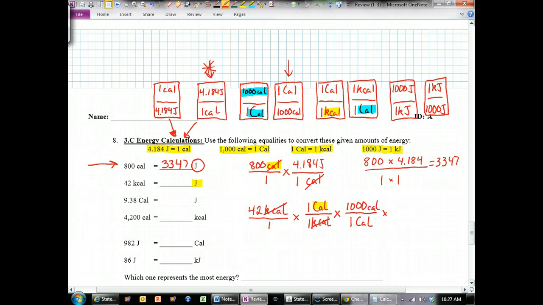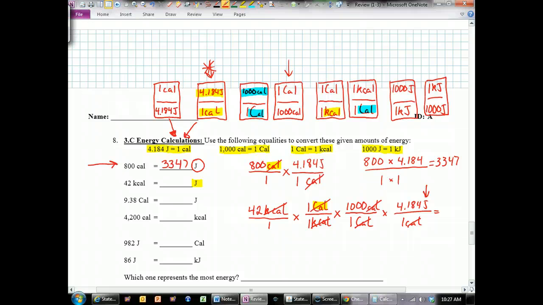Now we can use the card that converts us from calories to joules. That one, we put 4.184 joules on top and 1 small calorie on bottom. Now, looking at units, big calories cancels, little calories cancels. That means we're left with the units of joules.